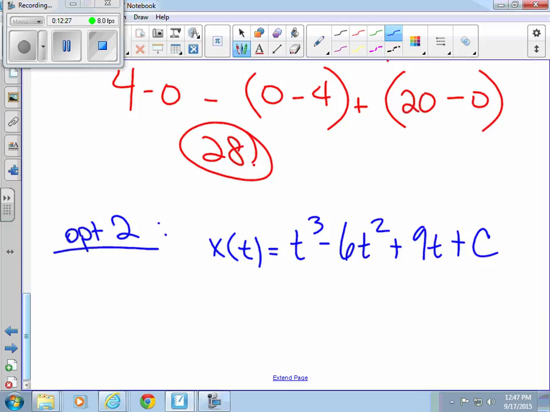If I were to find c, I know that at time 0, the position is 2, is that right? Time 2, the position is 0. So I would plug in 2 cubed minus 24. 16. Minus 2.